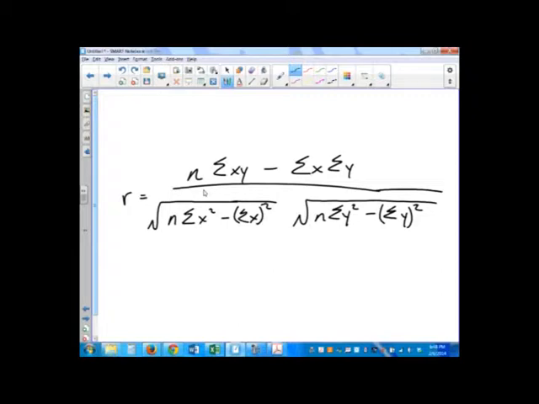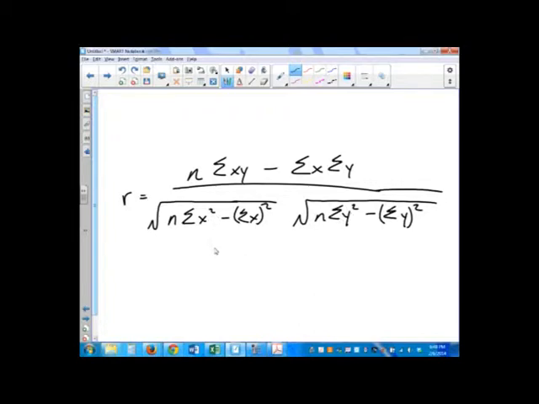Okay, this formula looks complicated, but it's really not. We only have a few variables here. We have the n variable, we have summation xy, summation x, summation y, and then summation x squared and summation y squared.